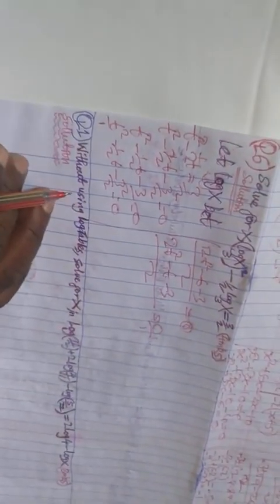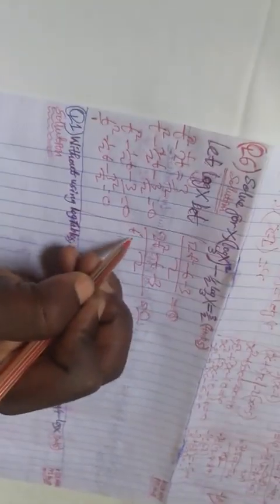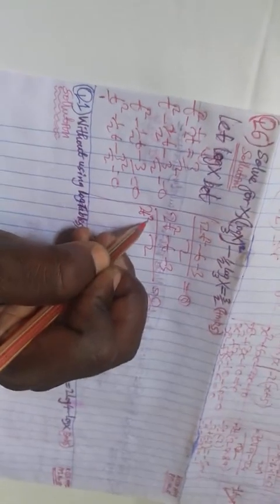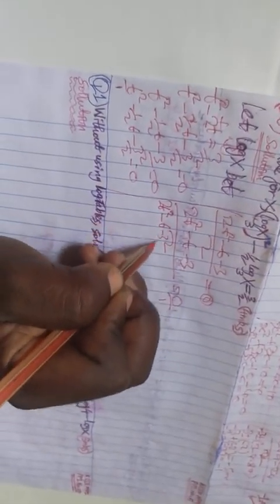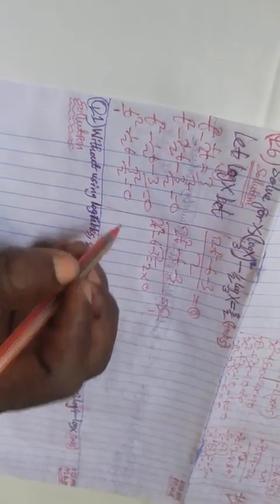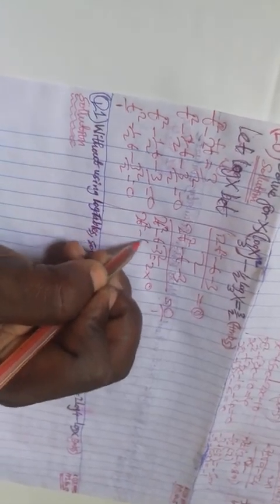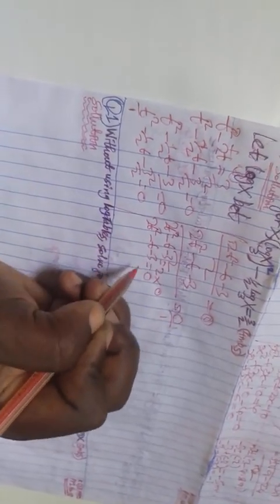By cross multiplying the equation, 2t squared minus t minus 3 is equal to 0 times 2. This will give us 2t squared minus t minus 3 is equal to 0.